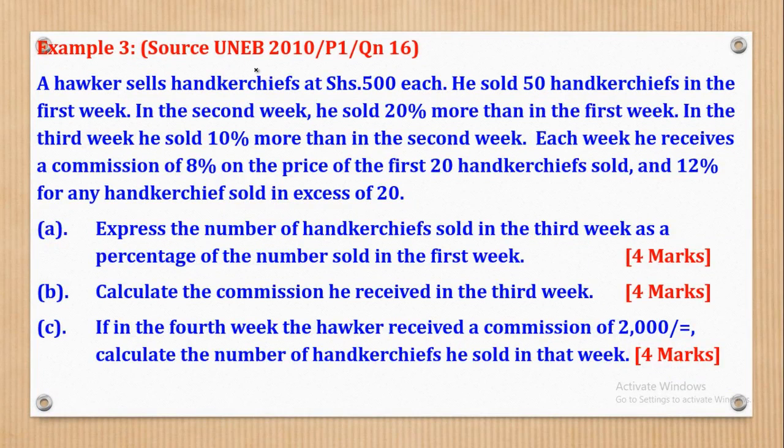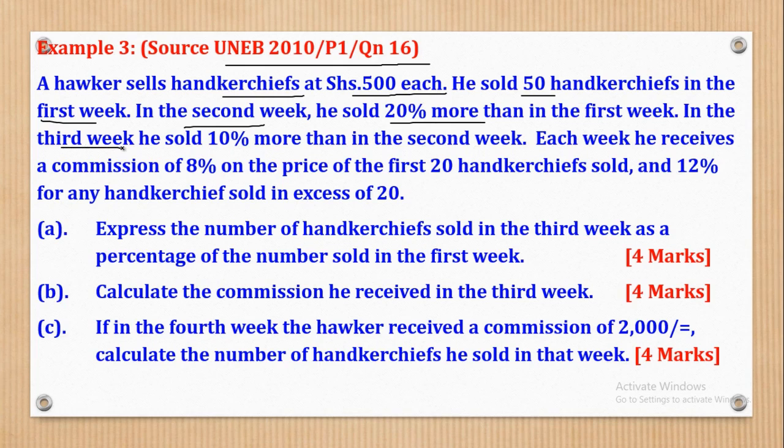Example 3 came from UNEB 2010 paper 1 question 16, and it says a hawker sells handkerchiefs at shillings 500 each. He sold 50 handkerchiefs in the first week. In the second week, he sold 20% more, know that word, 20% more than in the first week.